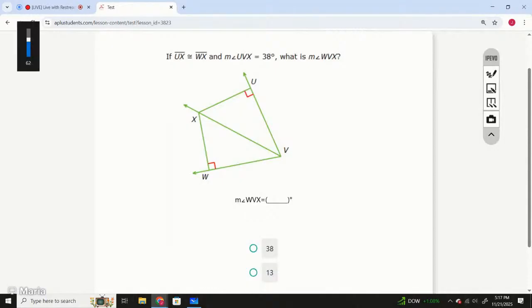Okay, if UX is similar to WX and the measurement of angle UVX is 38 degrees, what is the measurement of WVX?